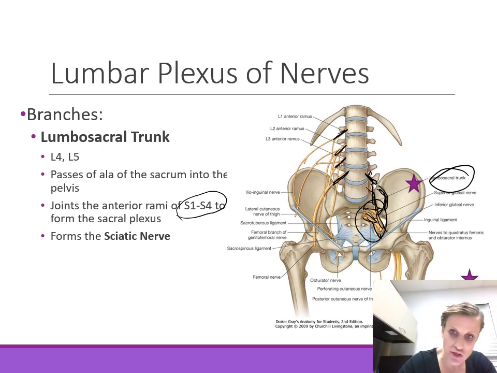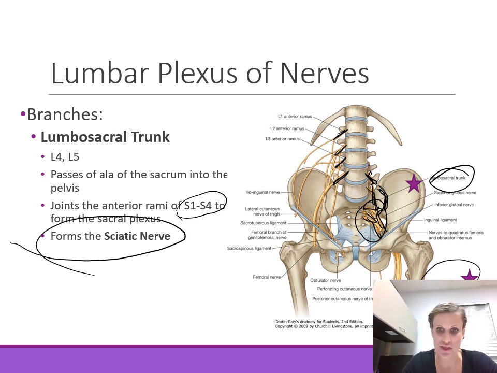Eventually, fibers from these nerves are going to pass down into the leg, forming the sciatic nerve, which you see here, this really large nerve passing down through the leg. The sciatic nerve is going to be incredibly important clinically. We'll talk about that more in a later lecture.